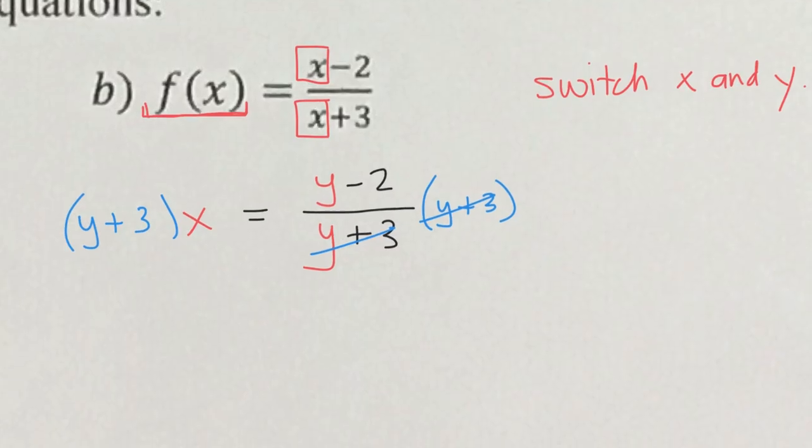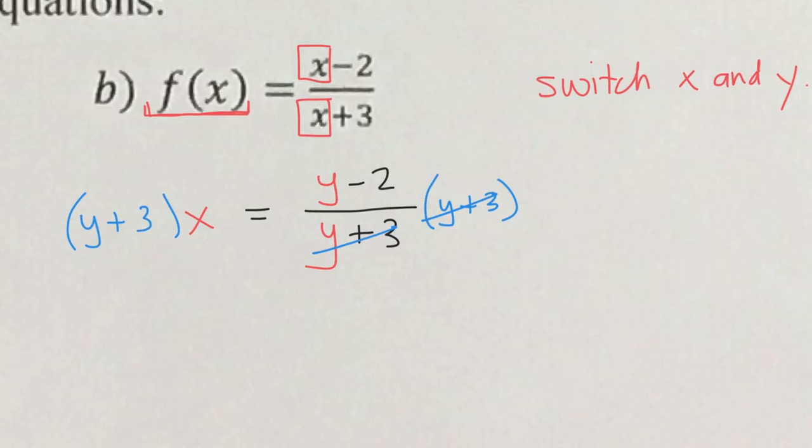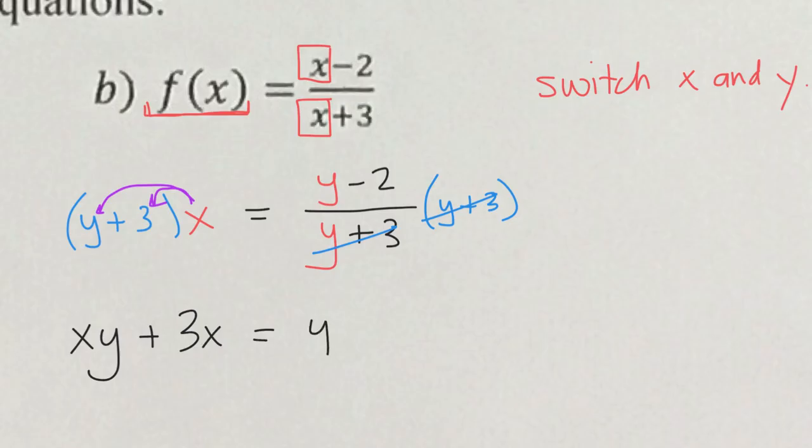So on the left side, we're going to simplify. We're going to multiply our x into both of those terms. That's what we do when we have parentheses. So this is x times y plus 3x equals y minus 2. Okay, so that's now a much easier equation to deal with than we had when it was a fraction.